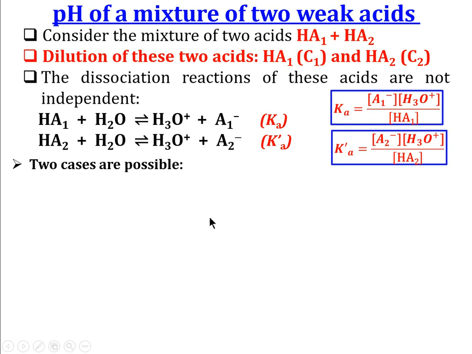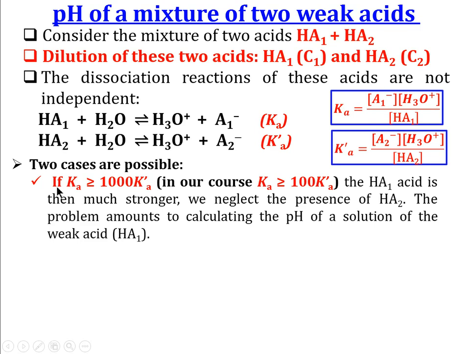We have two cases. The first, if Ka is greater than or equal to 1000 times K'a. Note that in some books they use the order 1000, and in other books, especially the French books, they use the order 100. In our course, we will use the order 100.